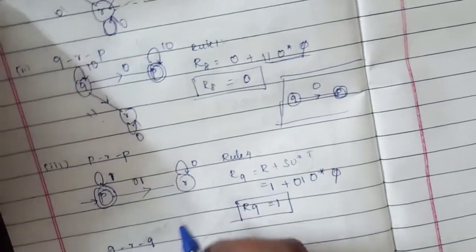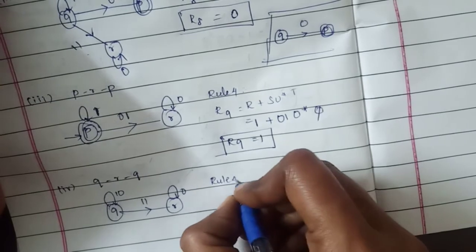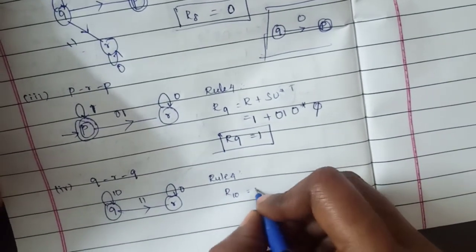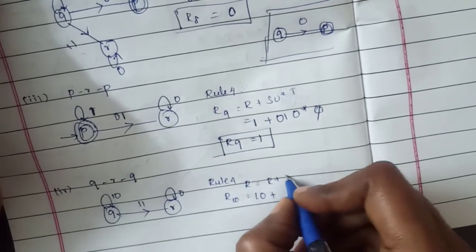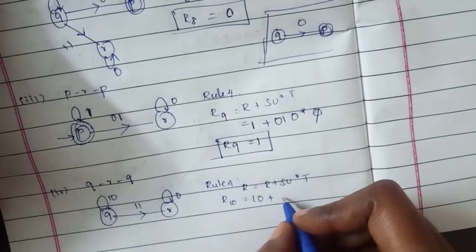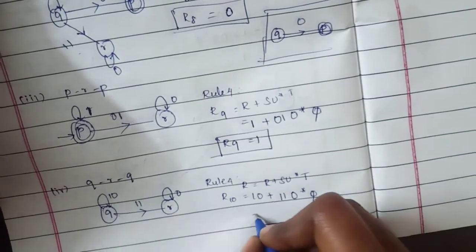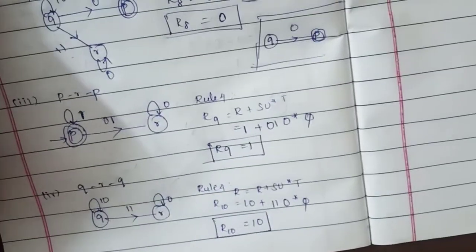So 1 1. So again applying the formula rule 4, we'll have R10 equal to 1 0 plus, so this is the formula, R plus SU closure T. So 1 1 0 closure and T you will have 5. So this is 1 0. So R10, which is 1 0.